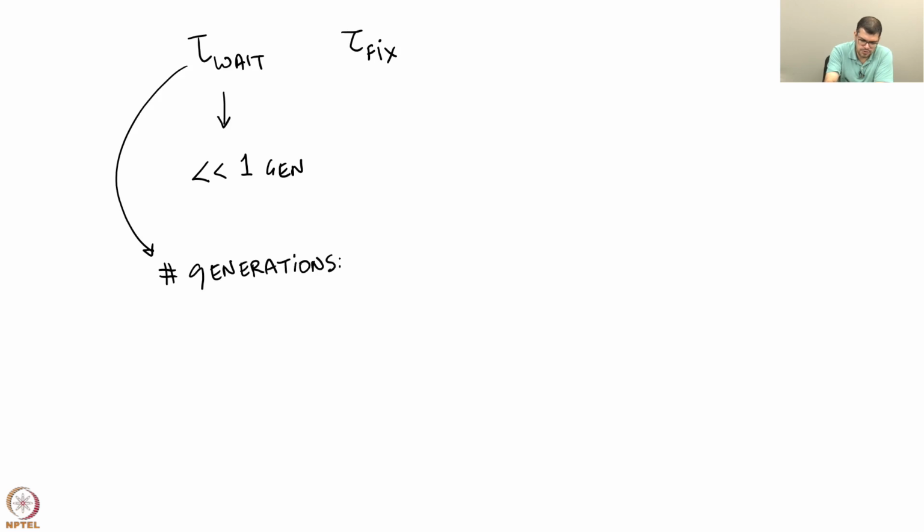So what that tells us is that in every generation multiple beneficial mutations are coming up, and each one of these is able to outcompete drift and get established in the population. For instance, in one of the calculations we did, we saw that tau wait, that is the wait time for one beneficial mutation to come up and escape drift, was actually 0.05.